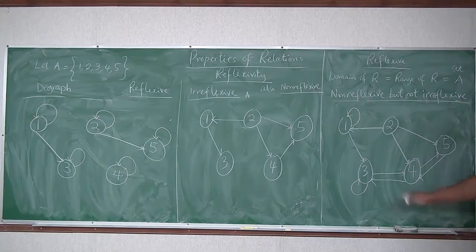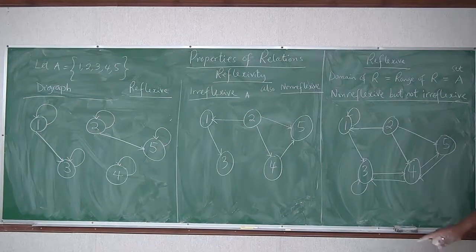Here at least you have some: 1,1 and 3,3, but you don't have 2,2, 5,5, or 4,4.